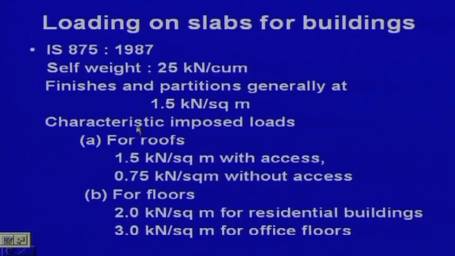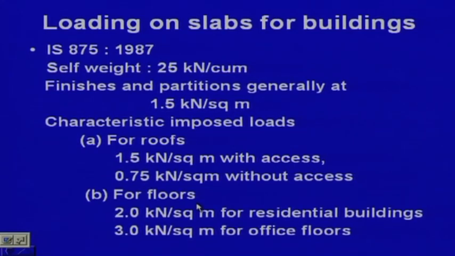The other one, imposed loads for roofs, is 1.5 kilonewton per square meter with access. That means if we have access to the roof, then we take 1.5 kilonewton per square meter. If it is not accessible, then you have to take 0.75 kilonewton per square meter.